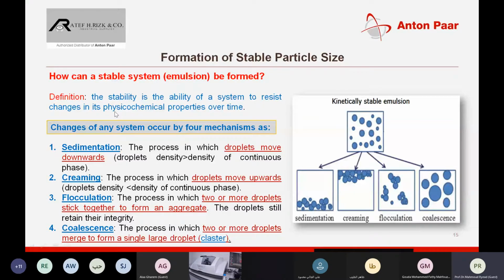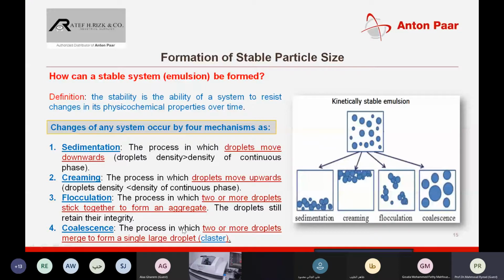Creaming, droplets move upwards. Flocculation, a process in which two or more droplets stick together to form an aggregate. And finally, coalescence, the process in which two or more droplets merge to form a single large droplet or cluster.